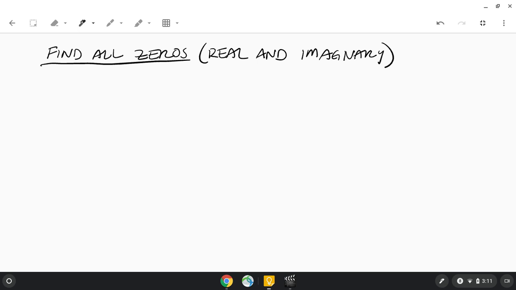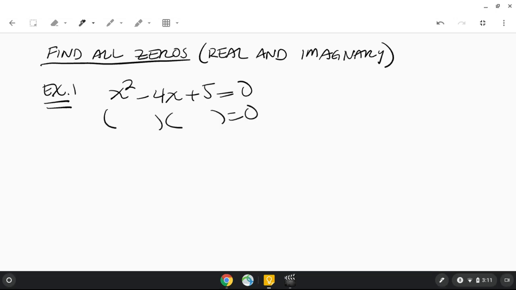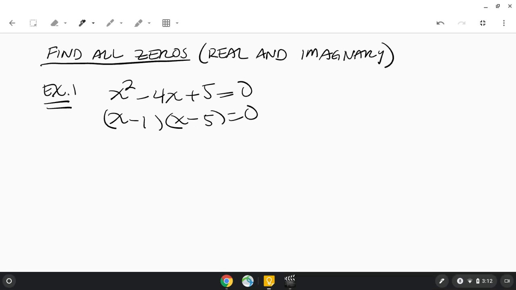Okay. So for example, here, suppose that we have x squared minus 4x plus 5 equals 0. Even if you try to factor this, it's not going to work. Both signs have to be the same, both negative. There's only one way to make 5, so 1 times 5, and that's not going to give me negative 4.